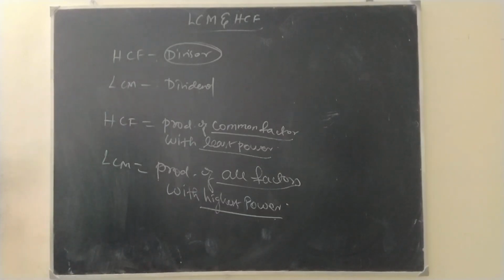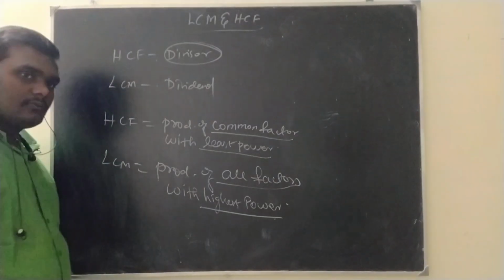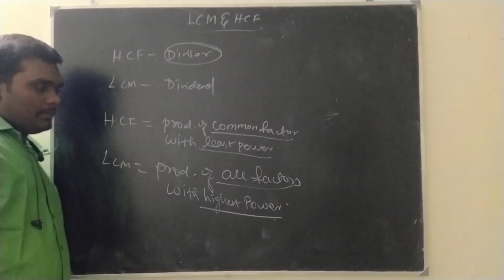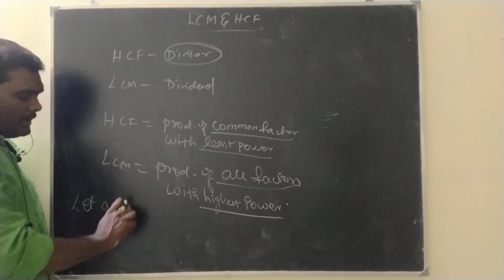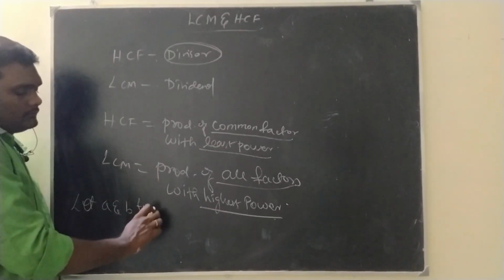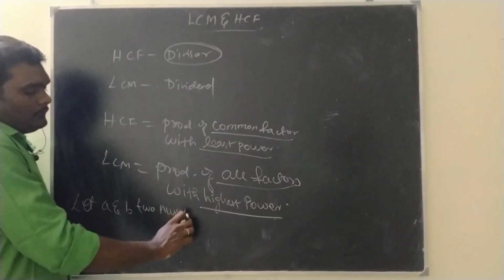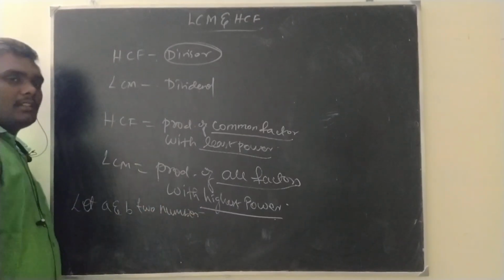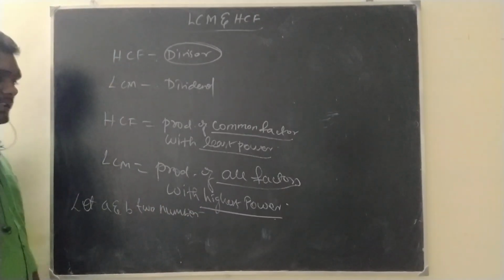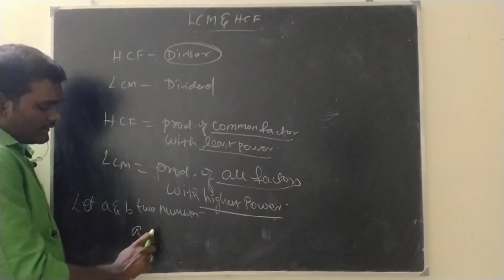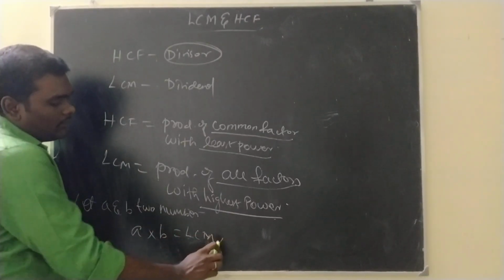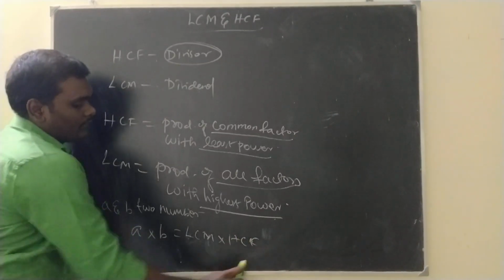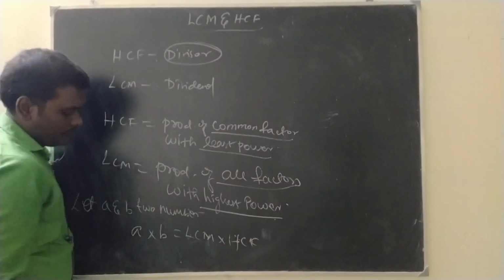Also this LCM and HCF share a relationship between these two. Whenever we have two numbers, let A and B be two numbers. For these two numbers, we are calculating the LCM and HCF, that will satisfy this relation. The product of two numbers is equal to LCM into HCF of the two numbers.